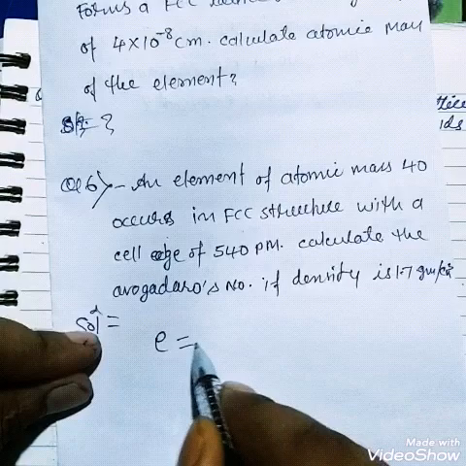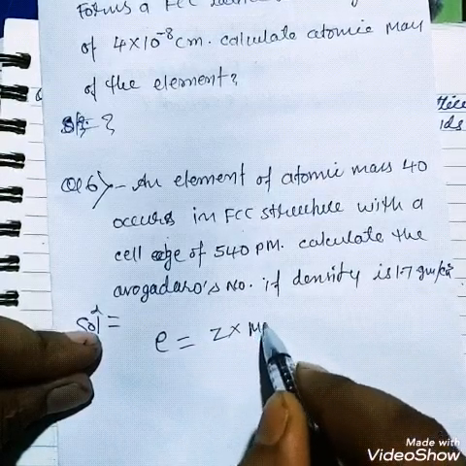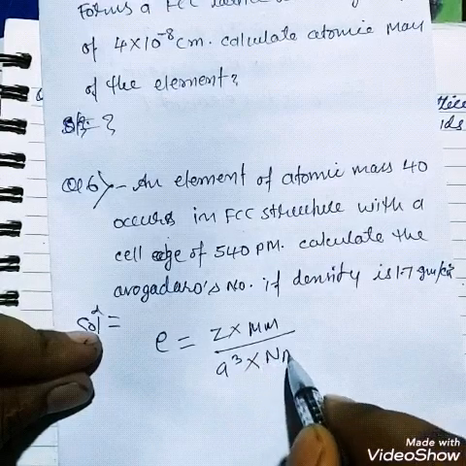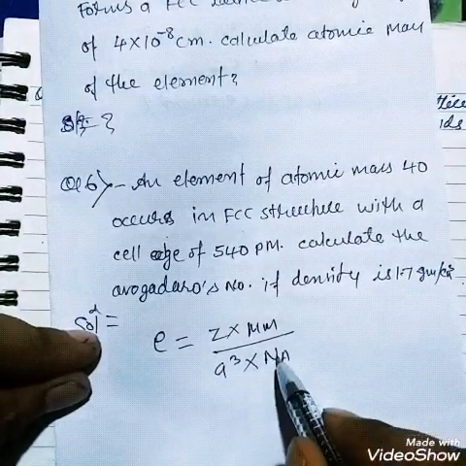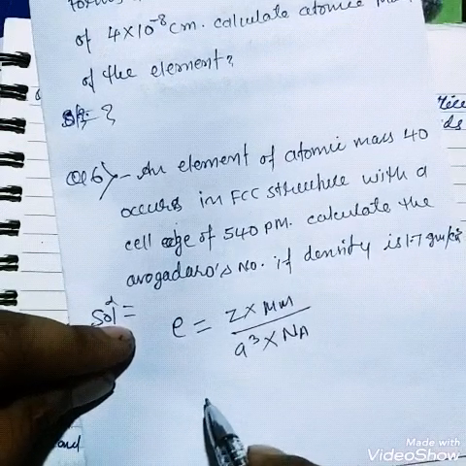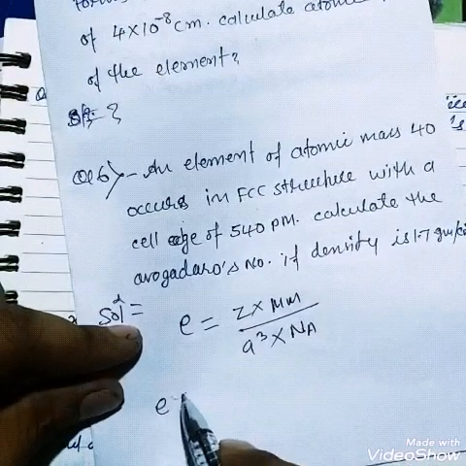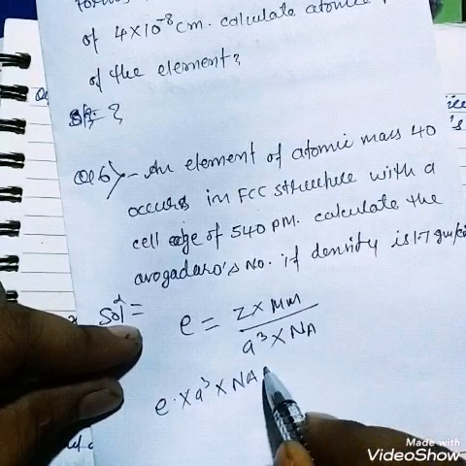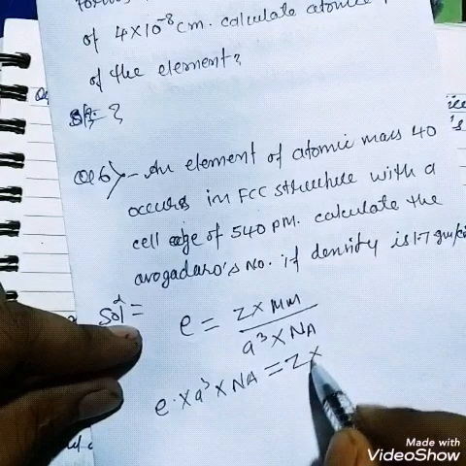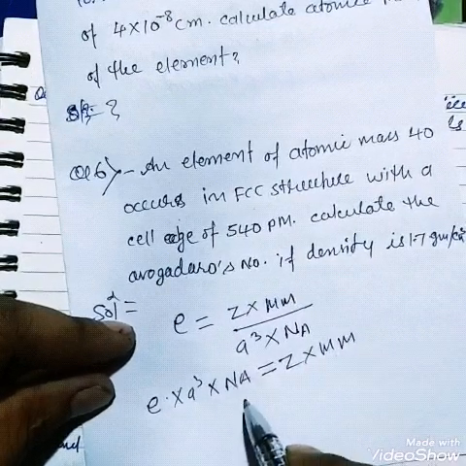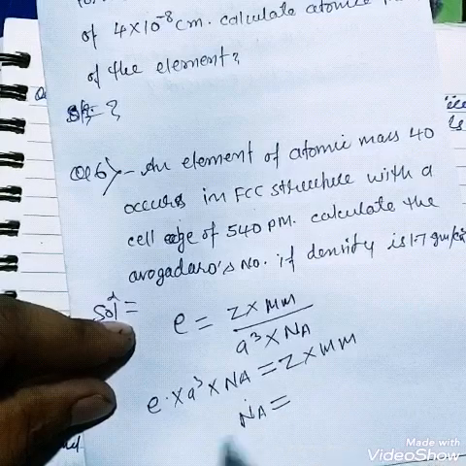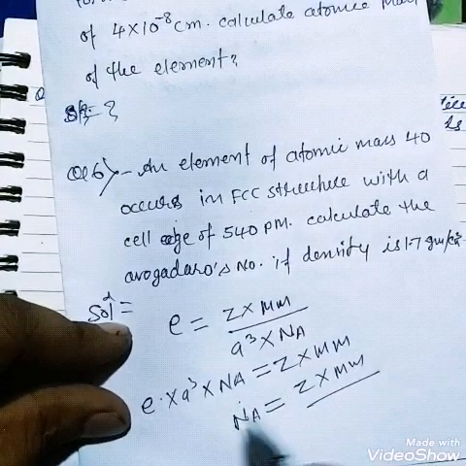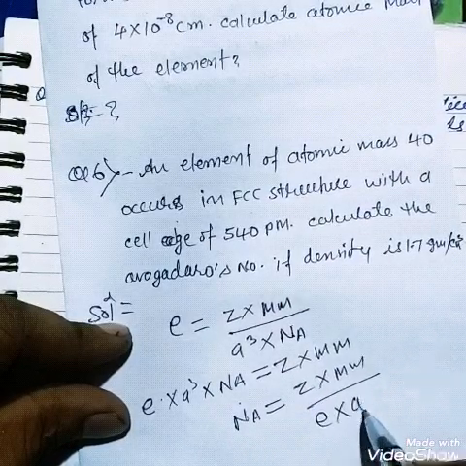So first of all, density equals Z into molar mass upon volume into Avogadro number. What is the question? The question is Avogadro number. So we simplify: a cube into Na equals Z into molar mass, so Na equals Z into molar mass upon density into a cube.